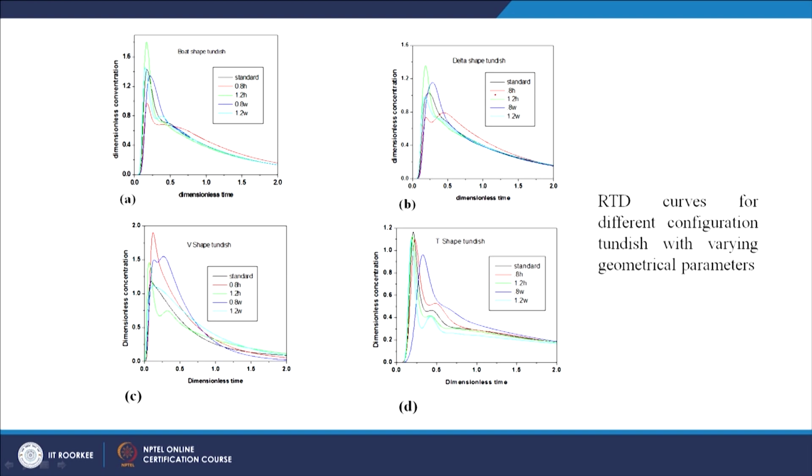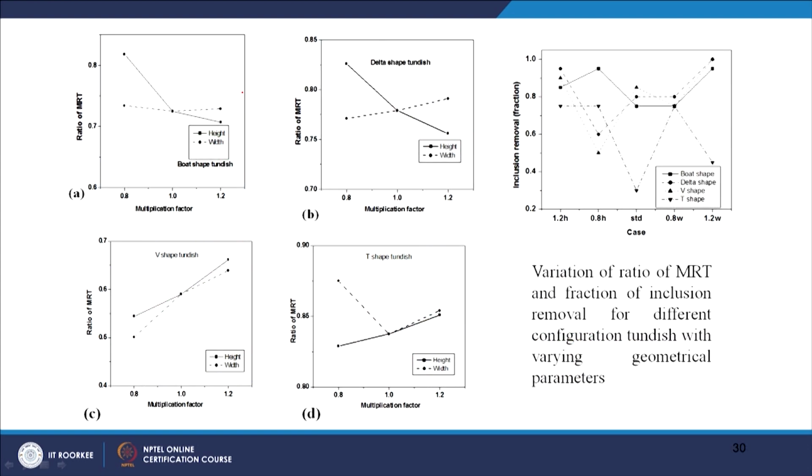But that is not seen in the case of the V and T shapes, because in these cases the peak is not small. Although in the case of the T shape it is not the highest, in the case of the V shape it is the highest. So, with the smaller height, possibly we should get the maximum of that parameter, if you look at the boat shape.